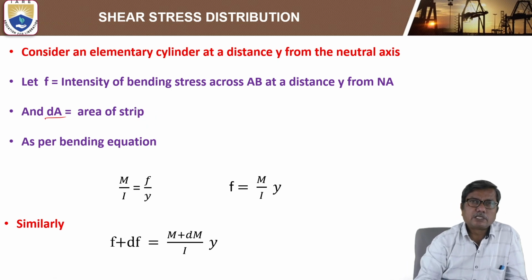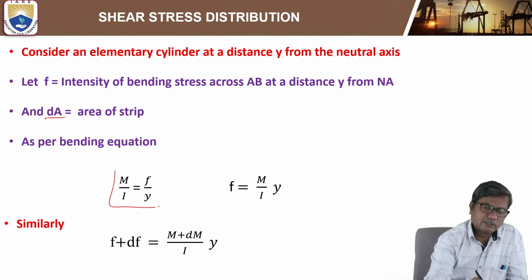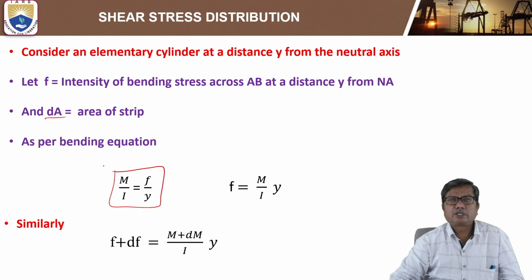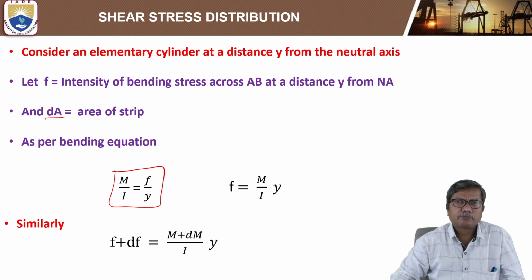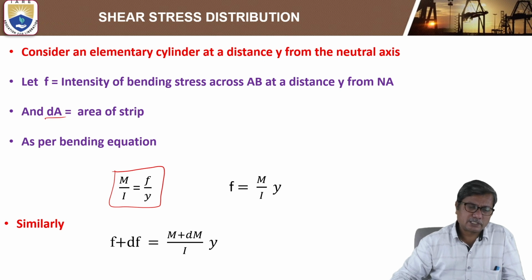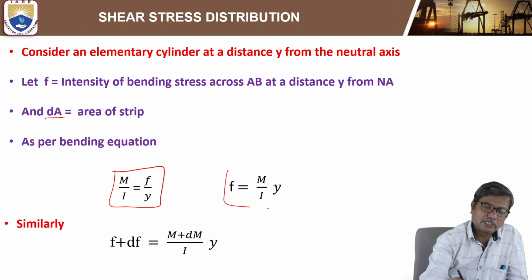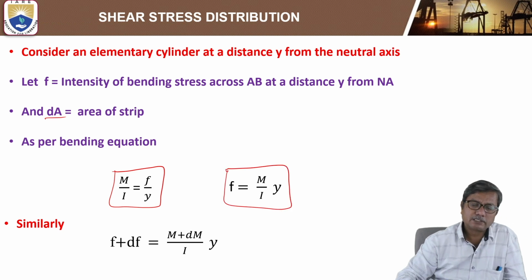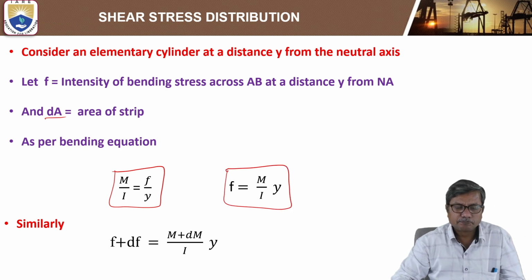As per the bending equation, we know the relation M by I equals sigma by y, where M is the bending moment, I is the moment of inertia, sigma is the bending stress, and y is the distance from the neutral axis at which we are considering the bending stress. From this, you will get the equation for bending stress as M by I into y, where y is the distance of the elementary cylinder.